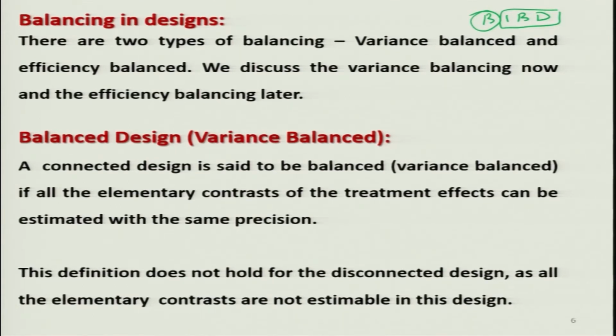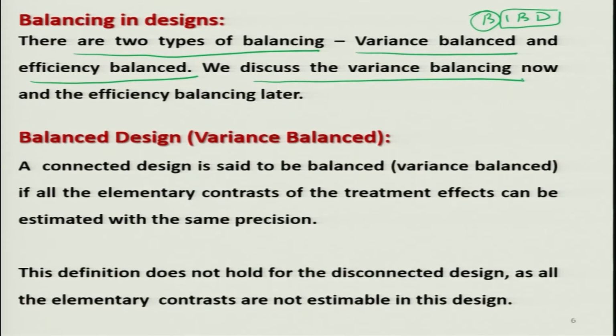Now, in this BIBD, the meaning of balance is as follows. Actually, there are two types of definitions which try to define the concept of balancing. One is variance balanced and another is efficiency balanced. At this moment, we are going to discuss variance balancing, and we will talk about efficiency balancing later on, because when we conduct the analysis of variance, we will get a factor called the efficiency factor.